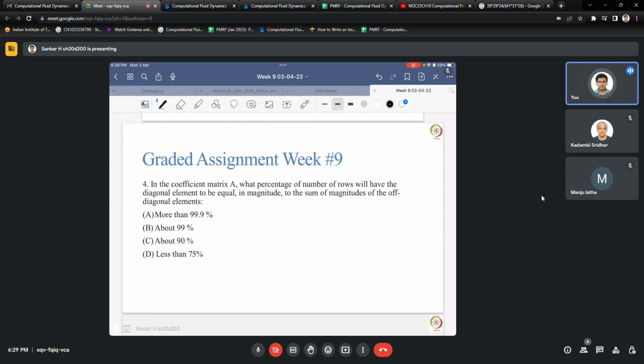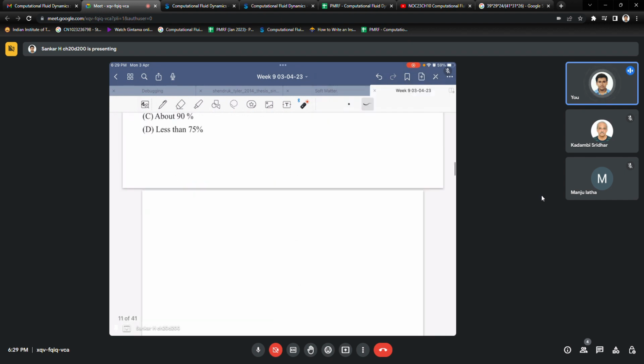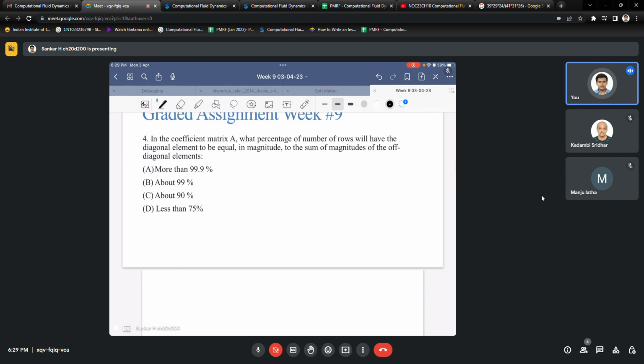Okay, in the next question, the fourth question, in the coefficient matrix A, what percentage of the number of rows will have the diagonal elements equal in magnitude to the sum of magnitudes of the off-diagonal elements? So basically they have asked how many rows.